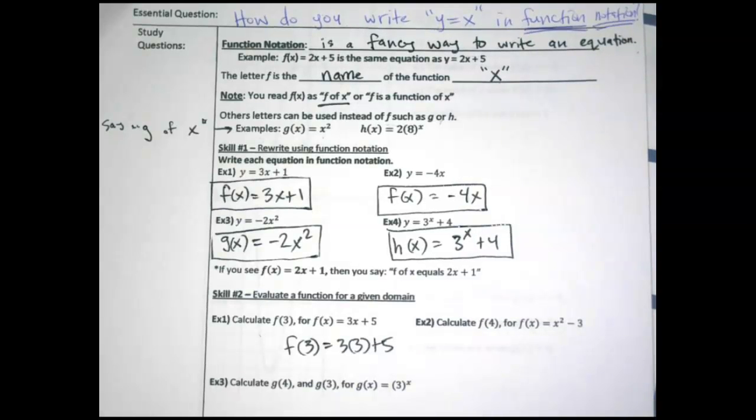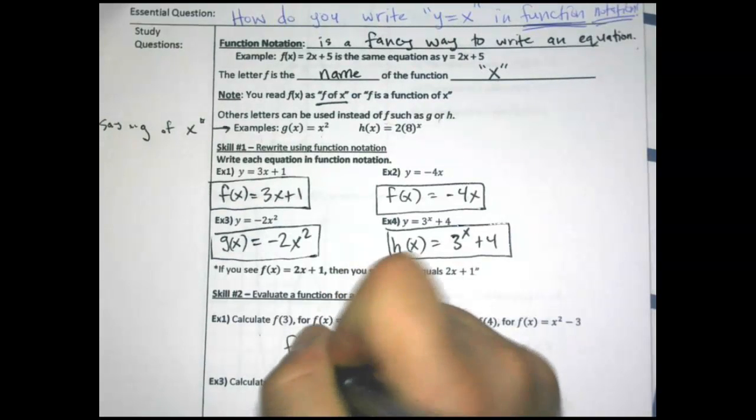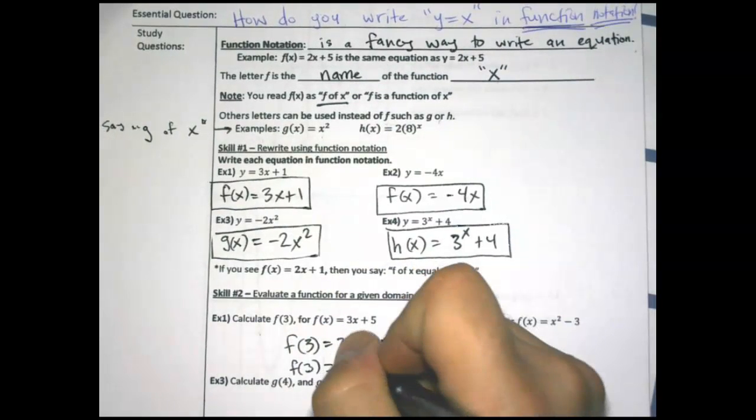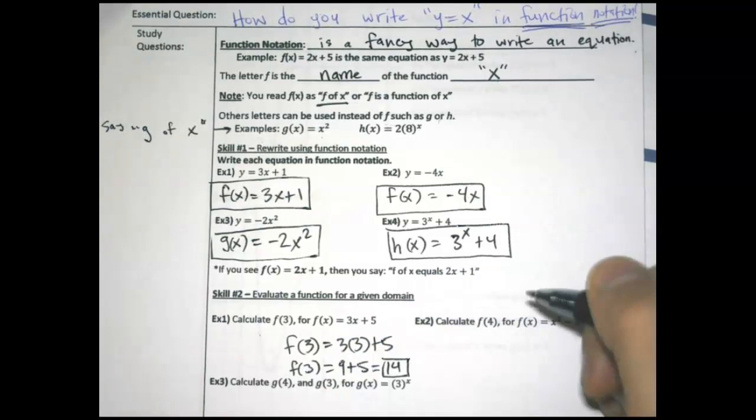Basically, anywhere I see an x, I'm plugging in a 3 in this problem. And then I'm only really calculating on the right side. The left side is just notation. The left side is just saying, you're putting 3 into this function. Tell me what comes out. So the left side is just notation, and the right side is where I actually do the work. So f of 3 equals 9 plus 5. Right? 3 times 3 is 9. And then 9 plus 5 is 14.